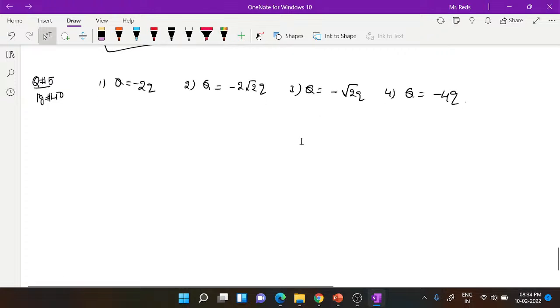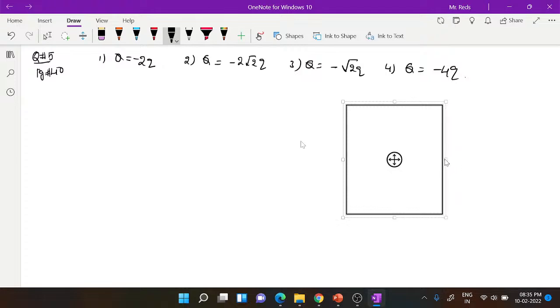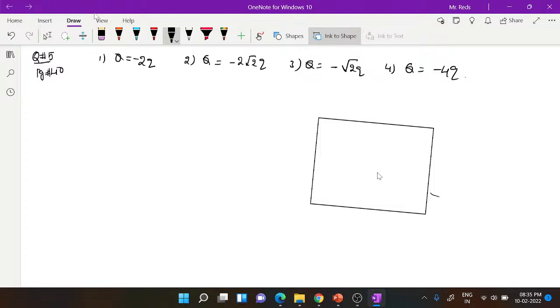So first, let us once again look into the question. A charge plus q is fixed to each of the three corners of a square. Let us consider a square here.